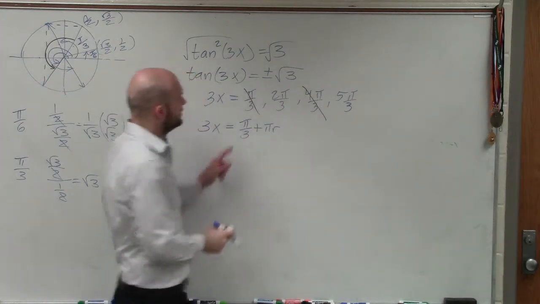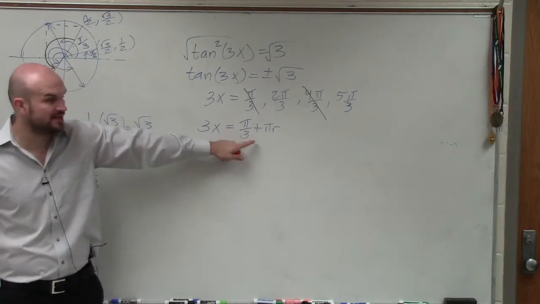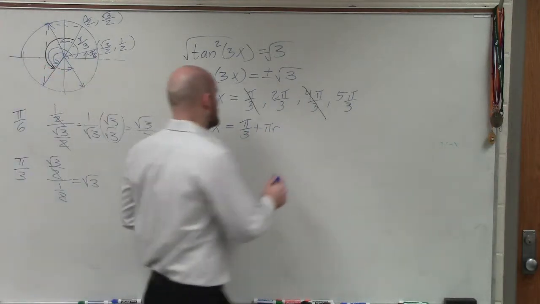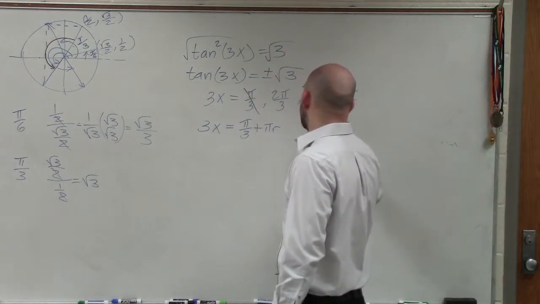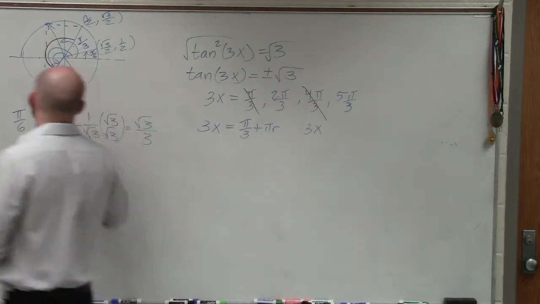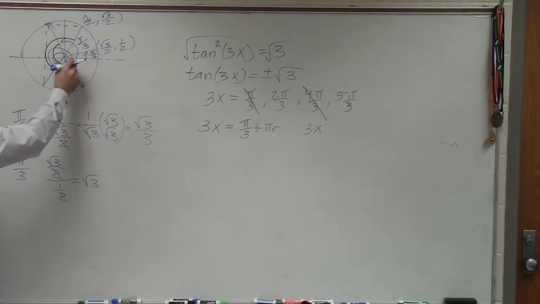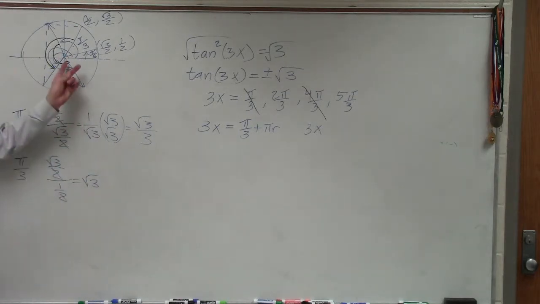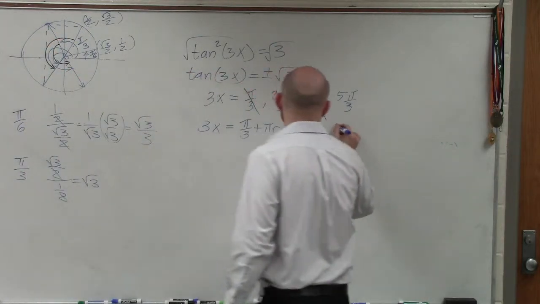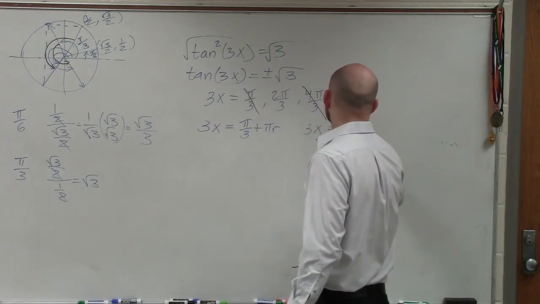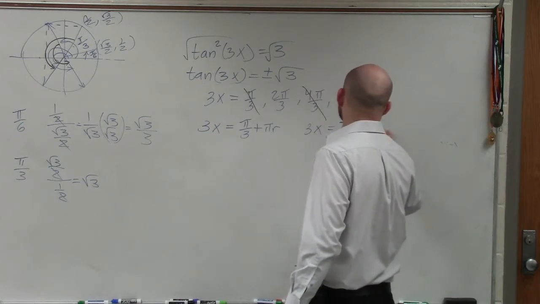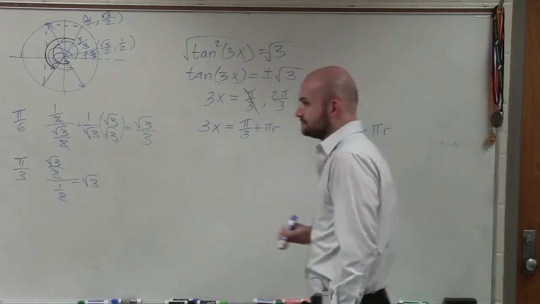And then I can also write 3x equals 2 pi over 3. And if you look at the answer 2 pi over 3, if I just add pi to that, that takes me to 5 pi over 3. And then if I add pi to 5 pi over 3, that takes me back to 2 pi over 3. So I can also write 3x equals 2 pi over 3 plus pi r.